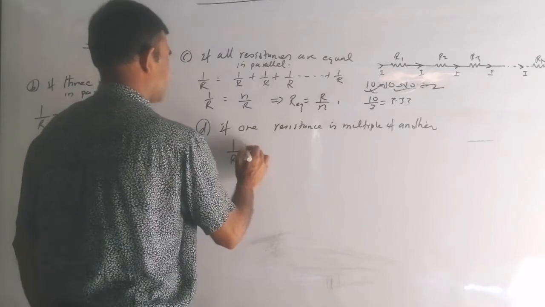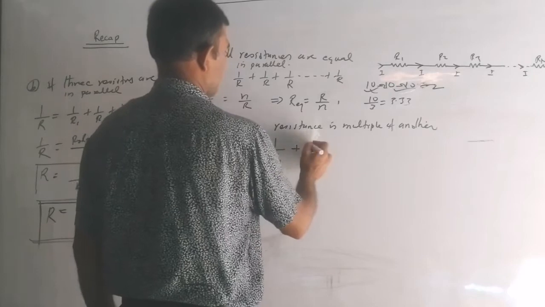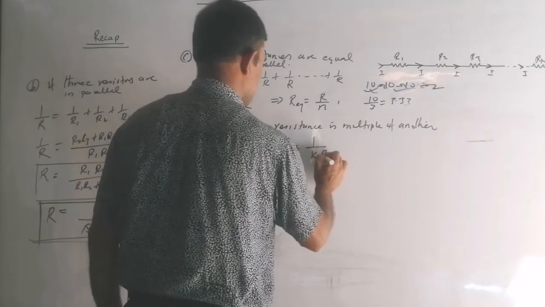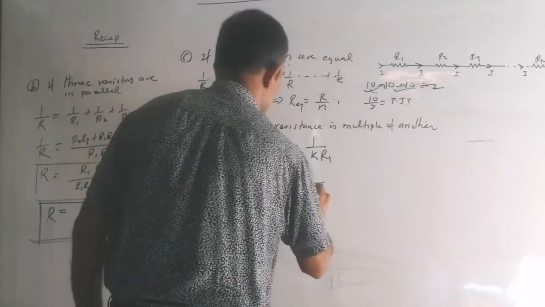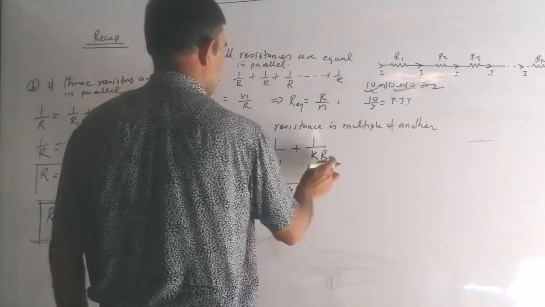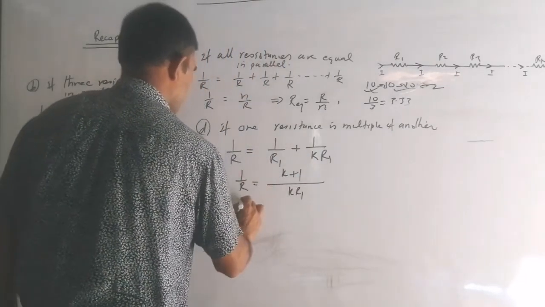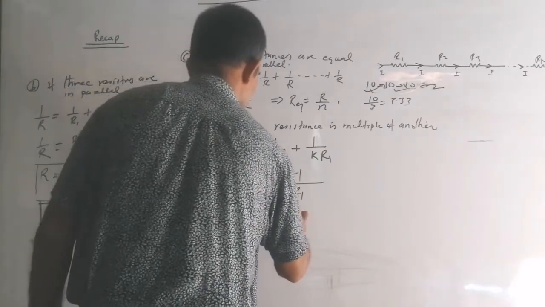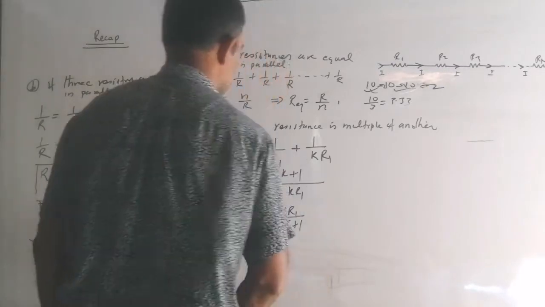Let's see, 1 by R equals 1 by R1 plus 1 by R2, but R2 is K times R1. The LCM will be so easy, K R1, and then we get K plus 1 by K R1. So in that case, R equals K R1 by K plus 1.